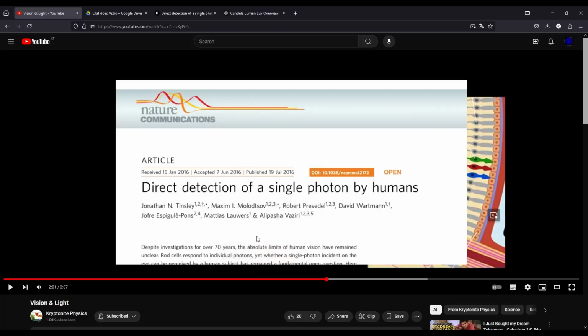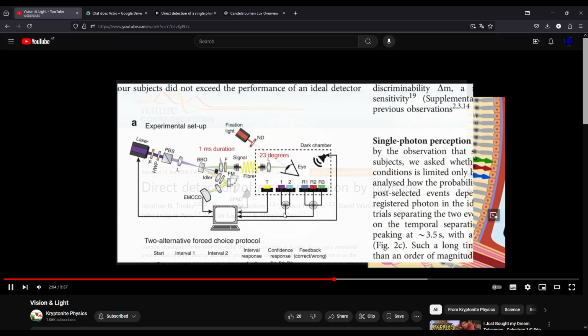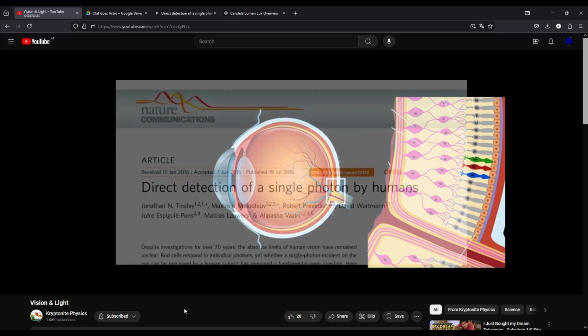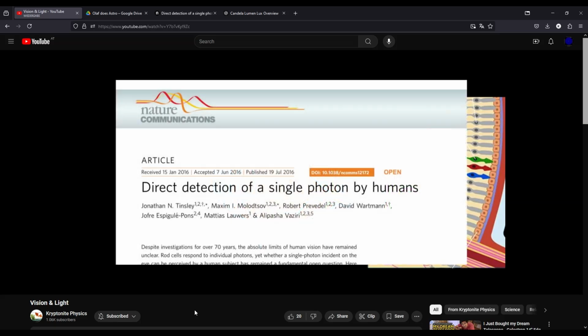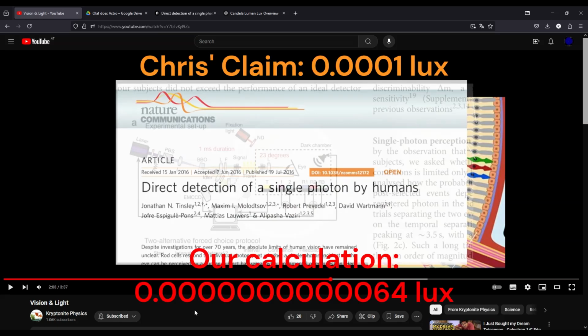So when Chris here says that the direct detection of a single photon by humans is about, let's hear it again, faint light below 0.0001 lux, so 10 to the minus 4 lux, we've just calculated that a single photon would be about 10 to the minus 12 lux.